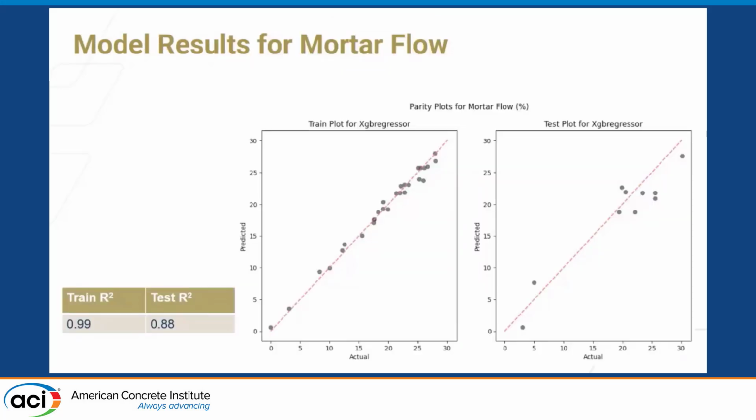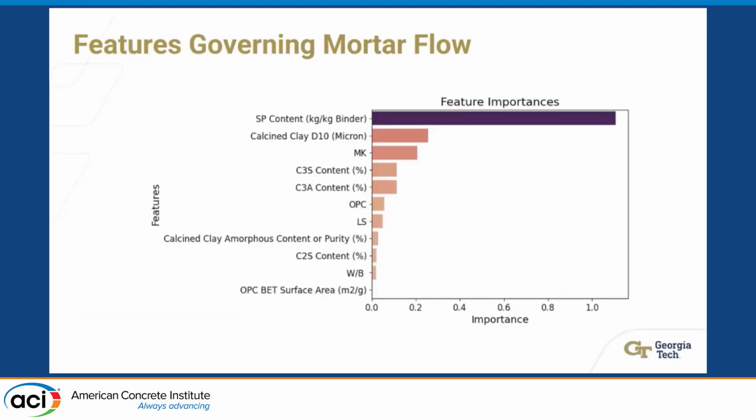Similarly, the model is doing a pretty good job of learning some of the basic trends that govern mortar flow. We see a good connection between the two parts of model development, training and testing, suggesting that we are learning some of these more reliably. Here, the most important feature is just the dose of the superplasticizer.